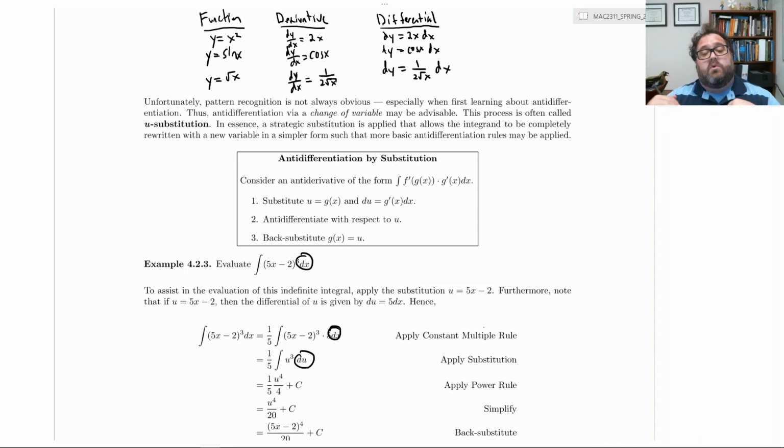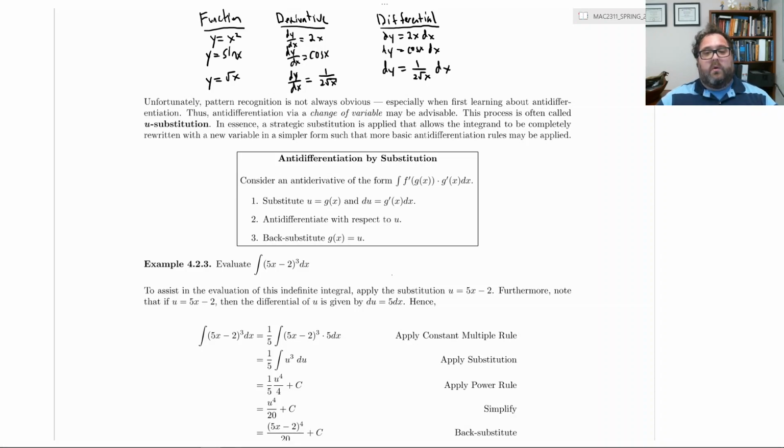Why? Because we're going to have a change of variable. We're going to change over from the original variable, a lot of times x, to some new variable, a lot of times u. And when you do that, you have to change the variable of integration. So we're going to have to algebraically manipulate the dx terms, and so we need to just be aware of what a differential is.